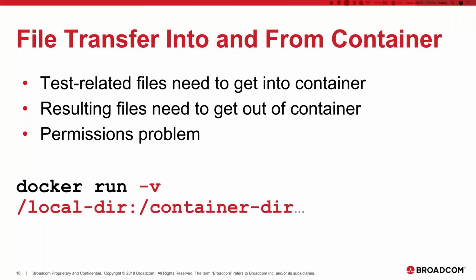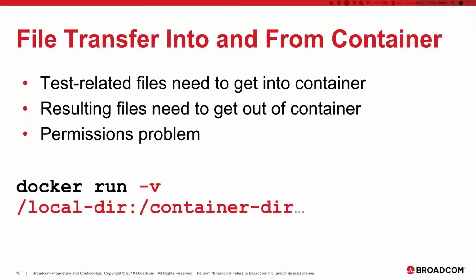So all the files that we have in the local directory will be visible to the Docker container, and any file change that the Docker container makes to the container directory will be visible in the local directory of the host machine.